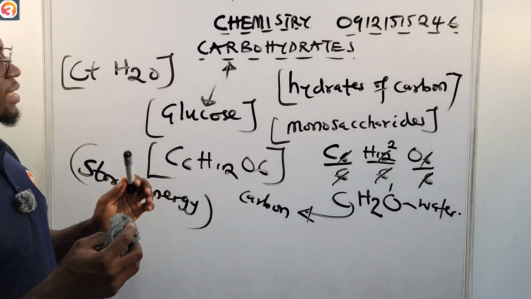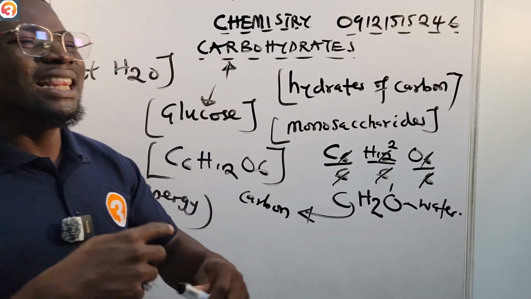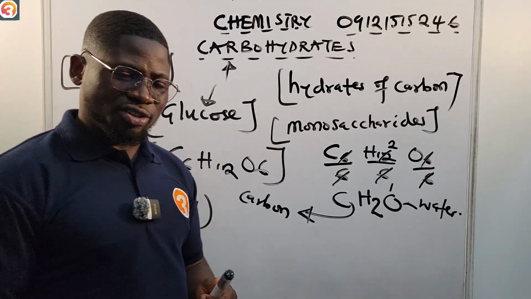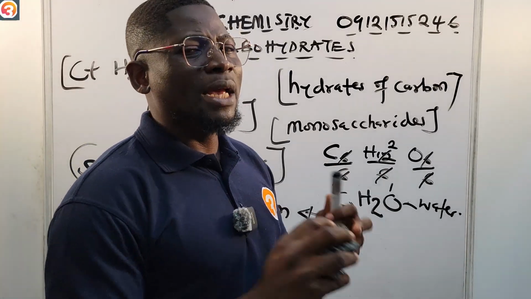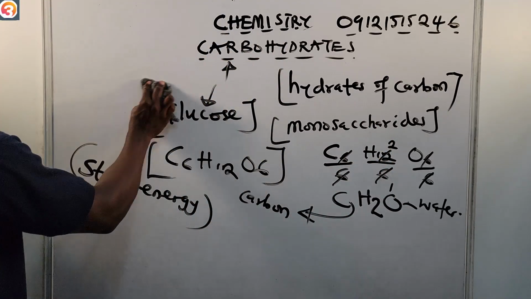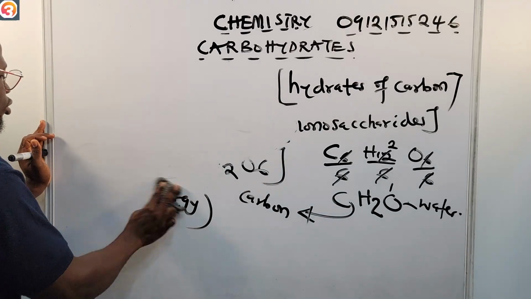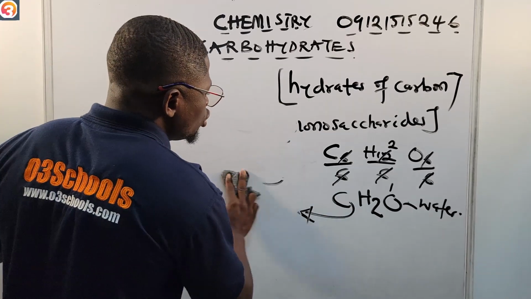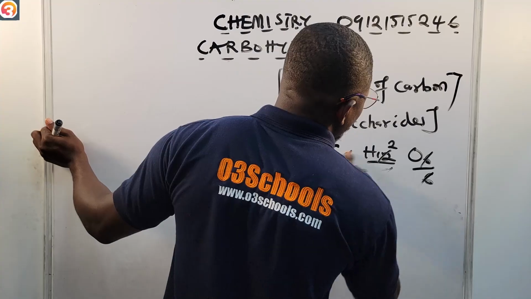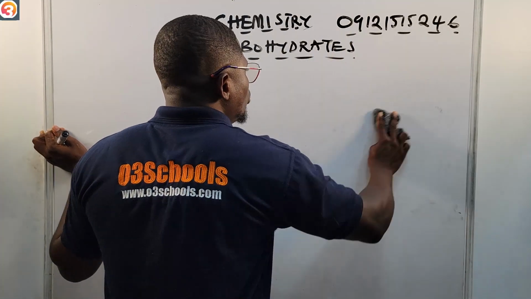Now, having known this, it is also very important for us to discuss the classification of carbohydrates. There are 3 major classifications of carbohydrates. The first class we call the simple sugars, or single sugars. They are known as the monosaccharides.